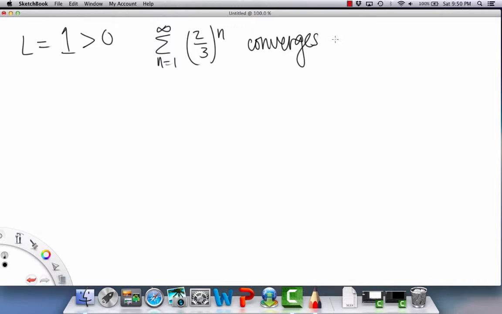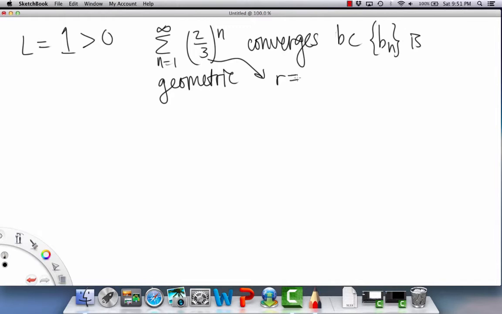We know that this converges because b sub n is geometric, and furthermore, this common ratio, or r, equals 2 over 3, which is less than 1. So by the rules for geometric sequences and series, that converges.